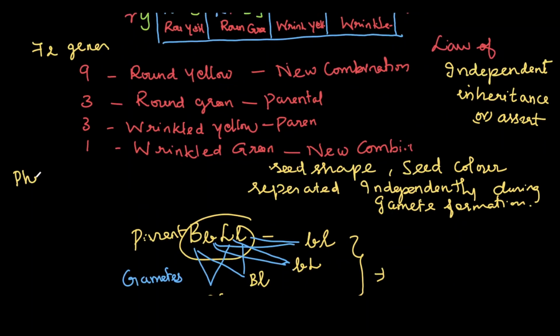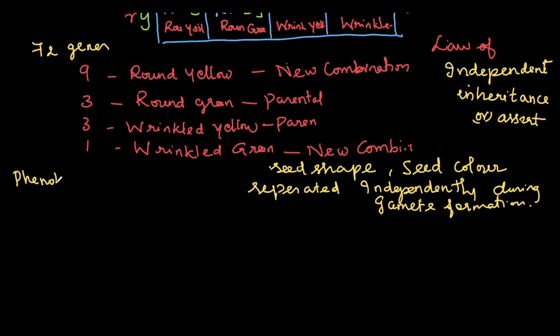The phenotypic ratio of the F2 generation in a dihybrid cross is 9 is to 3 is to 3 is to 1. If you take the genotypic ratio, it means the gene combination.